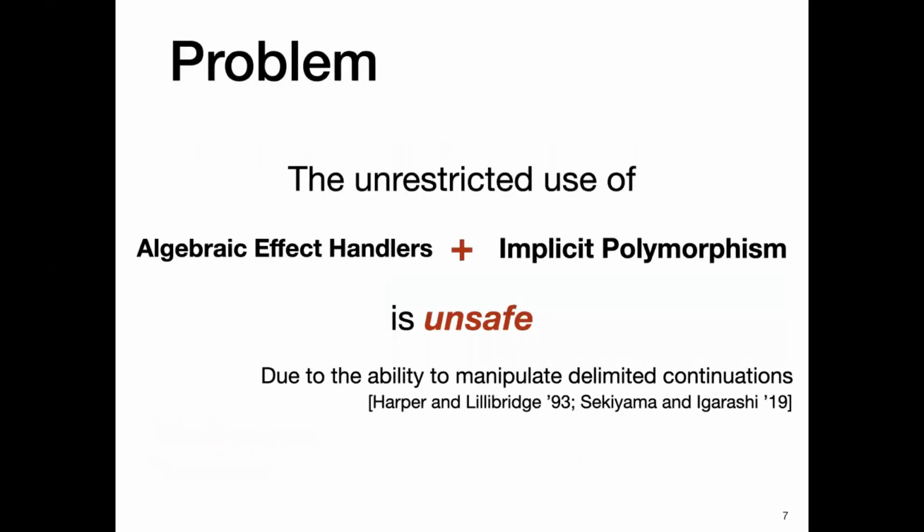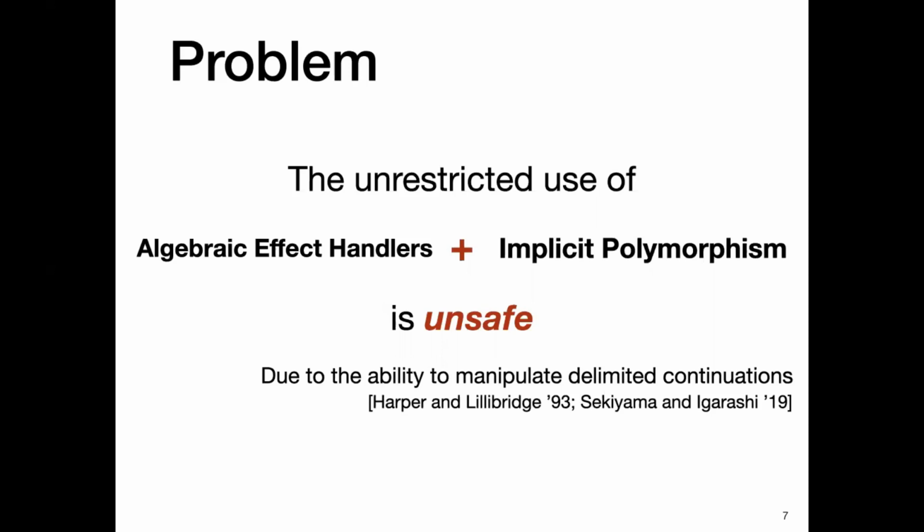So the problem we consider in this talk is naively combining algebraic effect handlers and implicit polymorphism. This is a problem because the naive combination of these programming features makes a statically typed language unsafe.